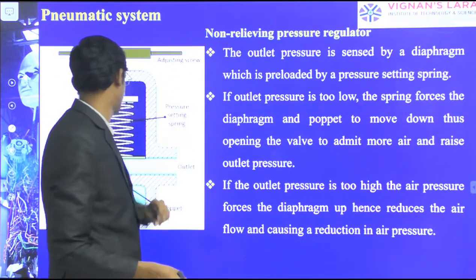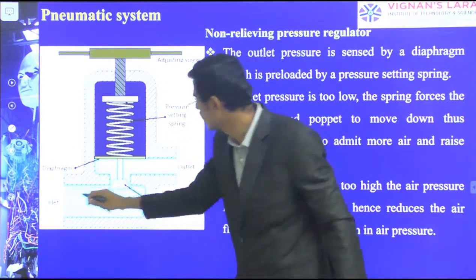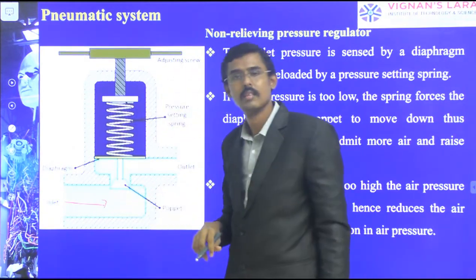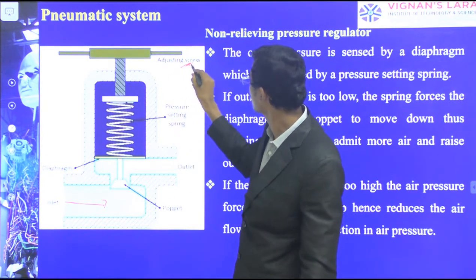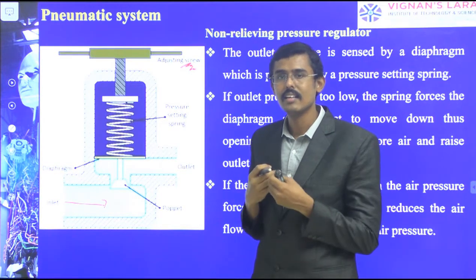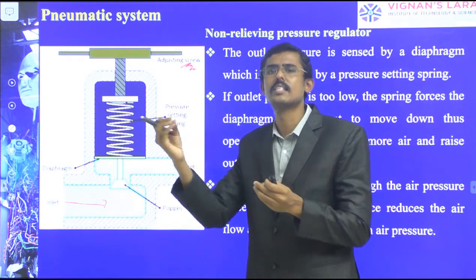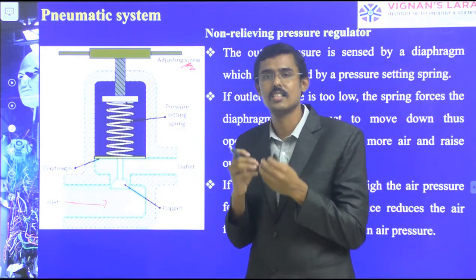Now, non-relieving pressure regulators. You see, when a similar action at the inlet has occurred, I am threading the adjusting screw. I need a slow exit, or I need a large exit of pressure.